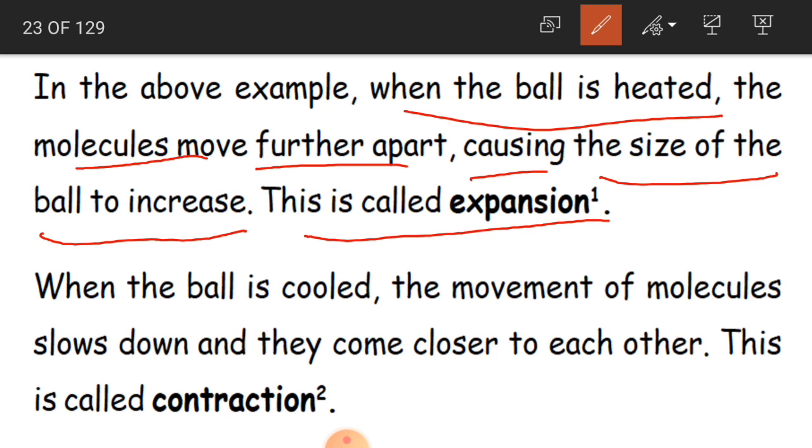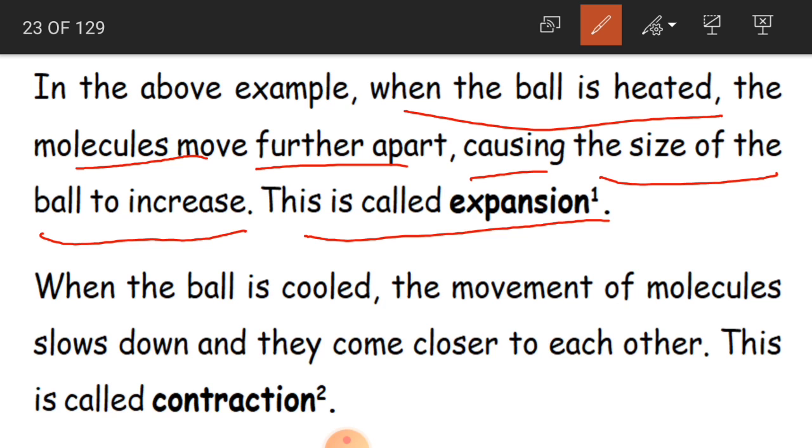As we have learnt about melting, when we talked about solid into liquid, that was melting. Again here, when this metal ball was heated, children, the molecules moved further apart.